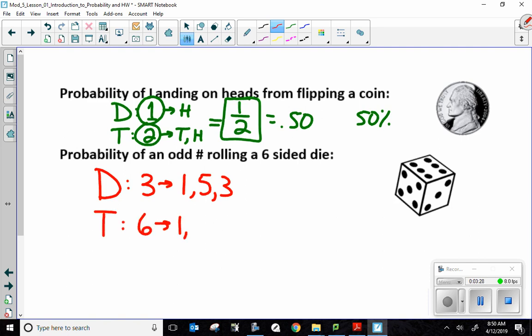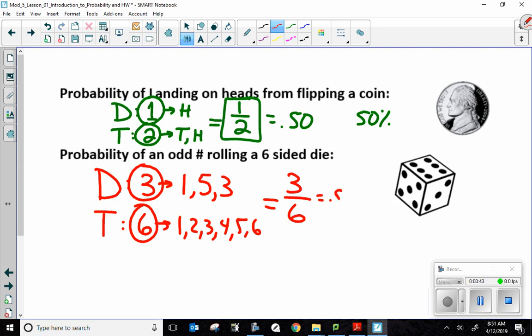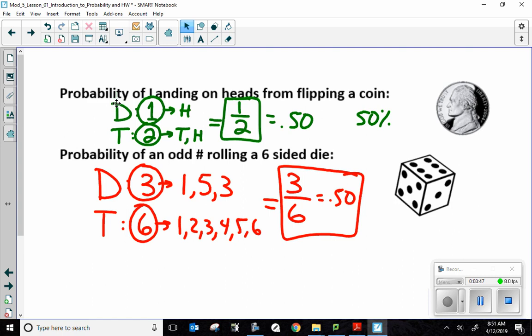I can have 1, 2, 3, 4, 5, or 6. So the number desired over the total, 3 out of 6 chance of landing on an odd number when I roll the die, which again is 0.50. Basic, simple, but I think they really show how probabilities work.